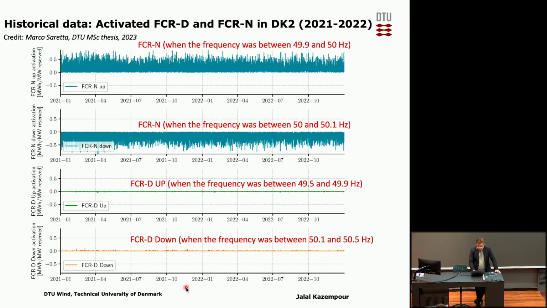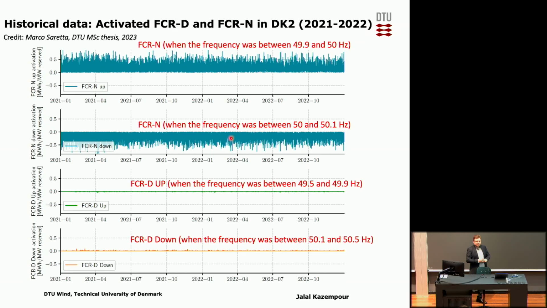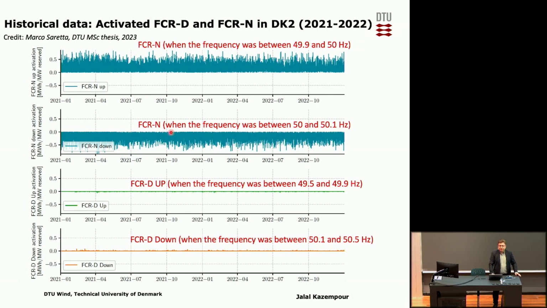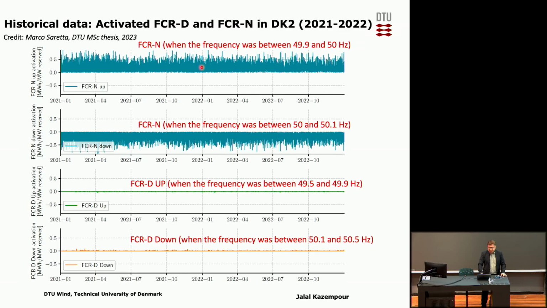Also, if you remember this slide from lecture number 6, you will see that for FCR-D up and down in DK2, the activation is very rare, while FCR-N is being activated all the time, either up or down. Because most of the time the frequency of the system is between 49.9 and 50.1, while it happens very rarely that the frequency goes beyond 50.1 or below 49.9.